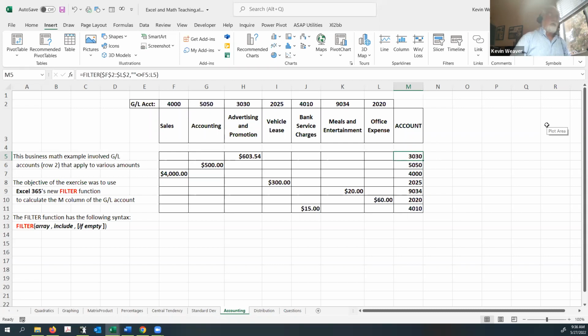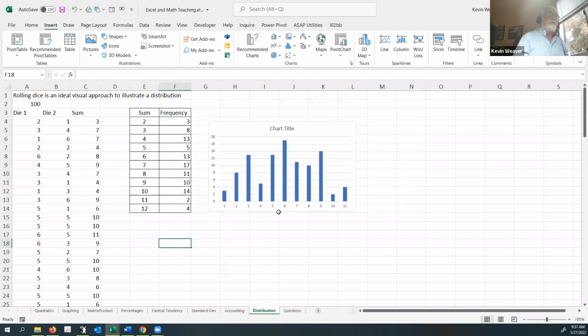And then what's really nice is that I can fill that down, and it now looks at the same general ledger account numbers, and it filters when the next row is not a blank, and when the next row is not a blank, and so on and so on. Okay, let's look at another case. Filter, very powerful new feature in 365.